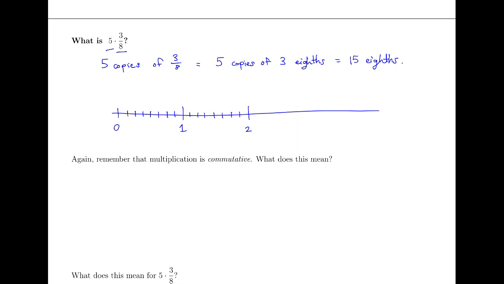So I could go 1. There's 1 copy of 3/8, another copy of 3/8, another copy of 3/8, another copy of 3/8, and another copy of 3/8.